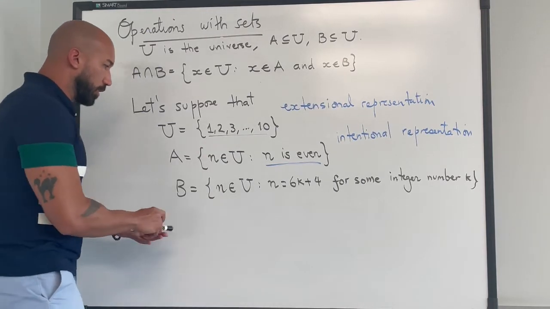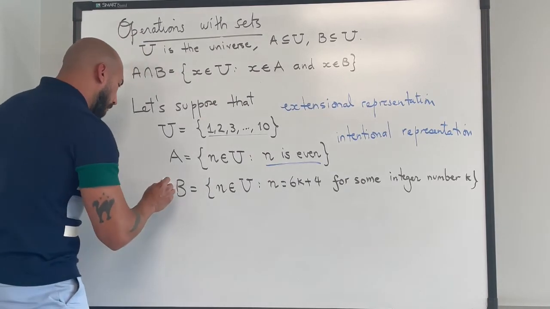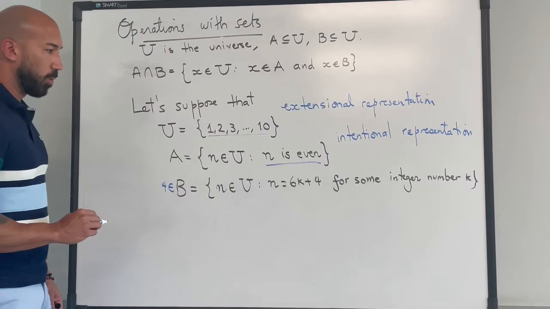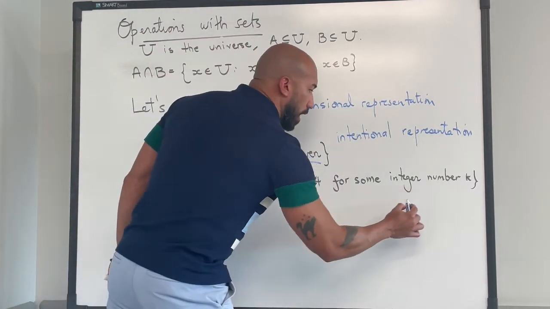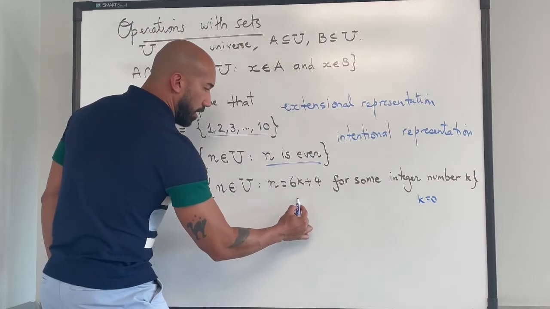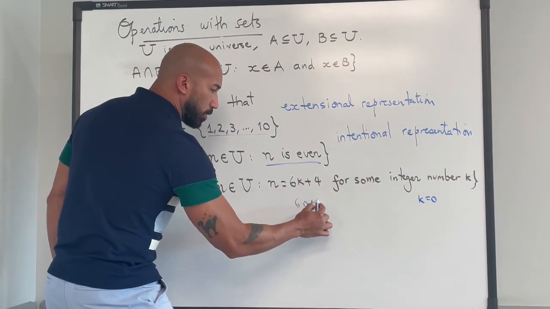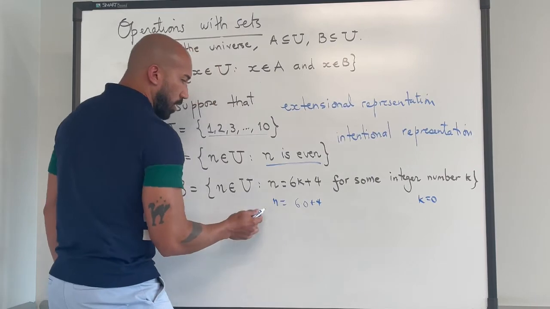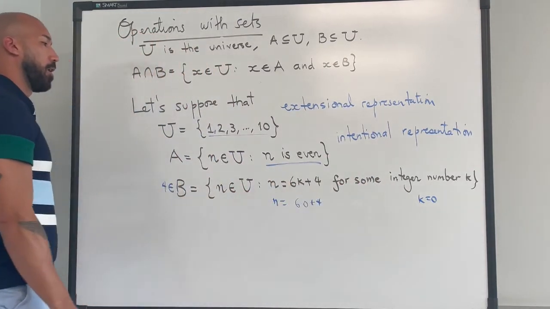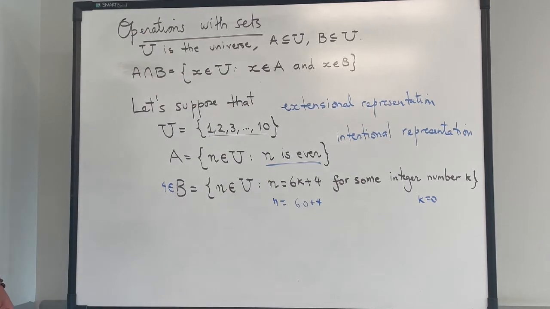So notice, for example, that 4 is an element in B. Why? Because if we choose k equals 0, we are going to get here 6 times 0 plus 4. So 4 satisfies this property here.